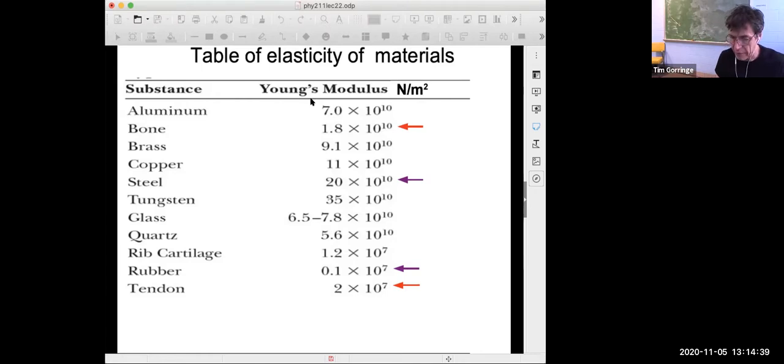And we're looking at the values of the Young's modulus that determines whether it's easy or hard to stretch those materials. If the modulus is a big number, then it means it's very hard to stretch or compress that material. And if it's a small number, it's much easier to stretch and compress that material.